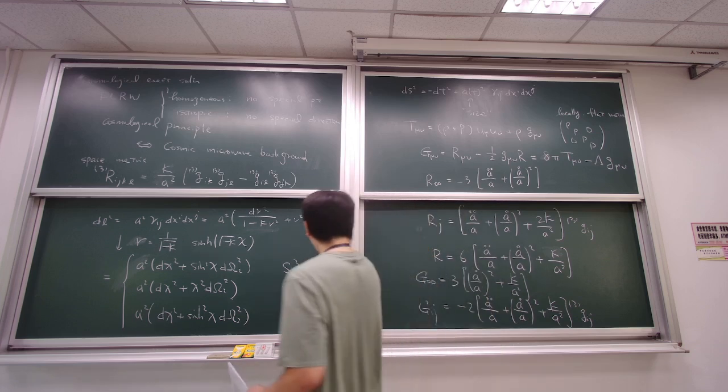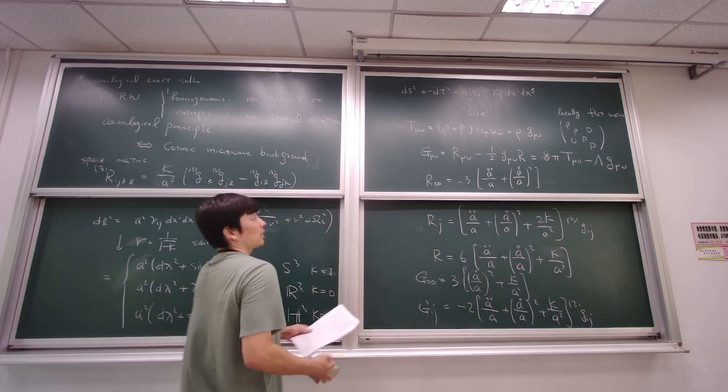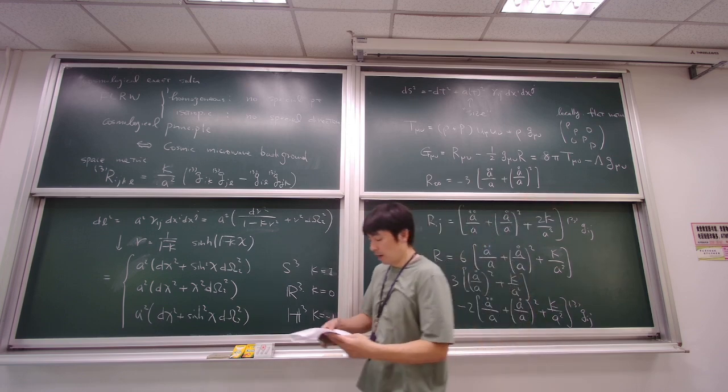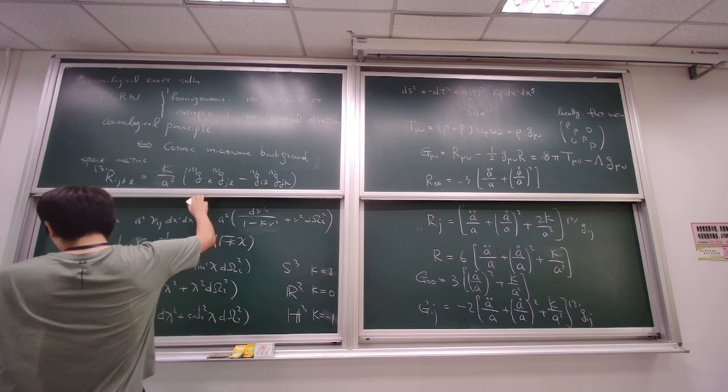So this is the left-hand side of the Einstein equation, and now we can evaluate the right-hand side.